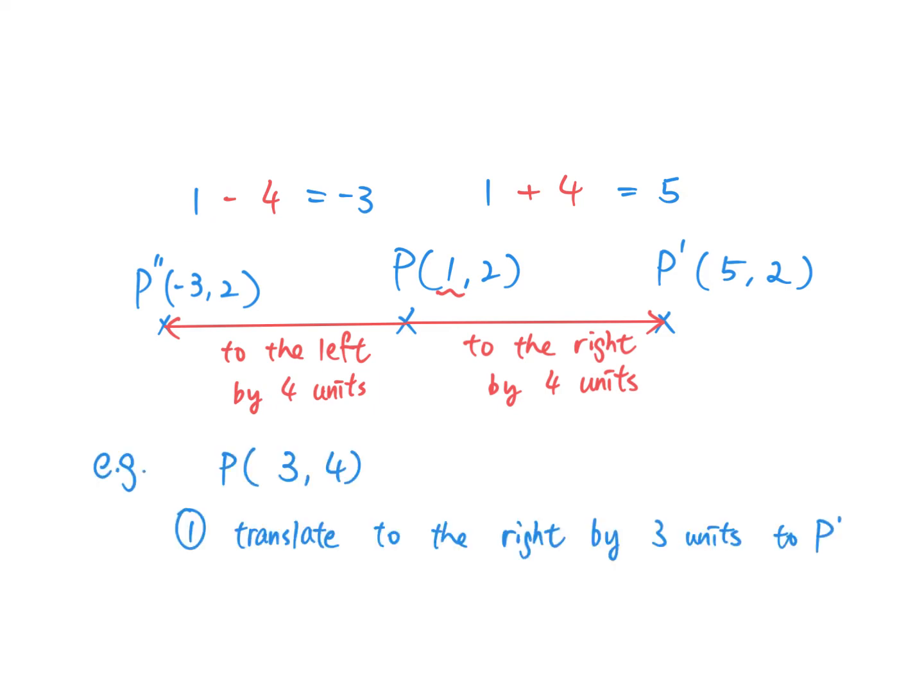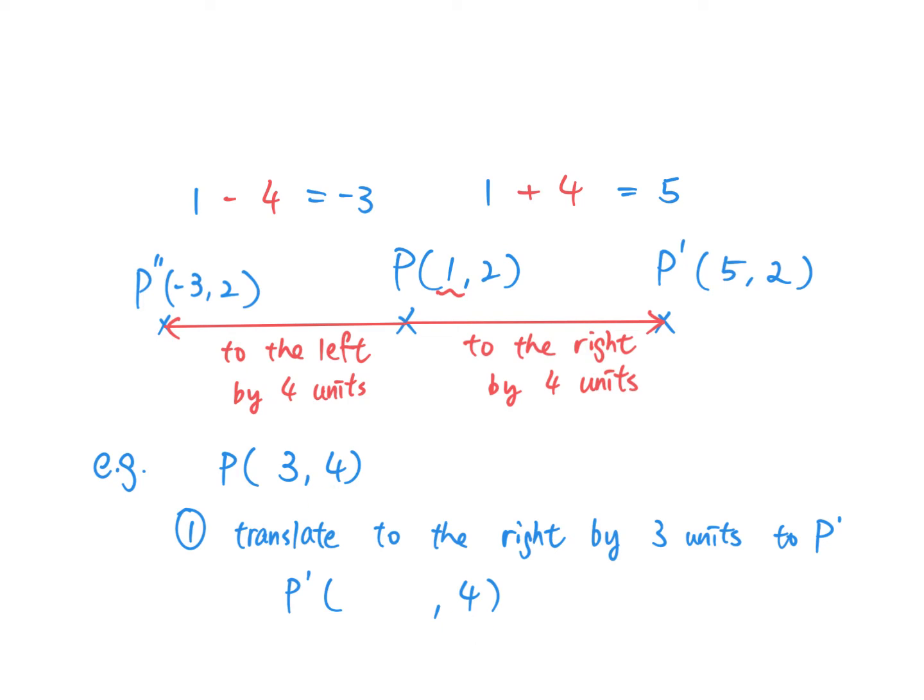Let's see an example. P is now (3, 4). If it is translated to the right by 3 units to P prime, let us write down the effects. First of all, P prime: the effect to the right, we have a horizontal line, so we have the same y coordinate, 4.